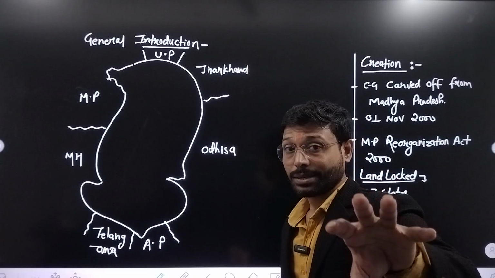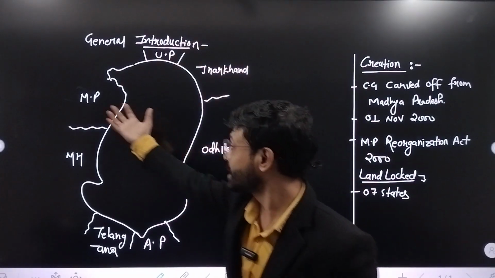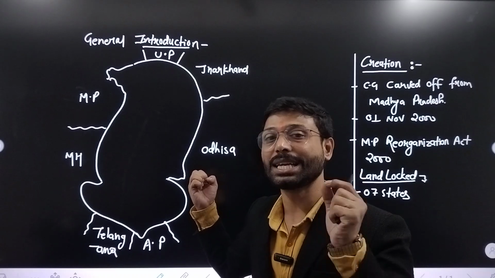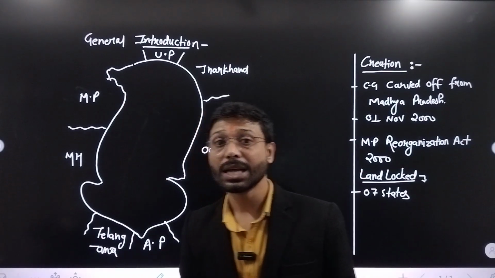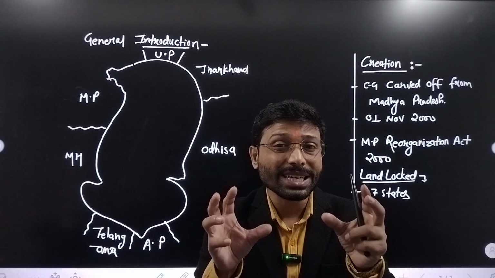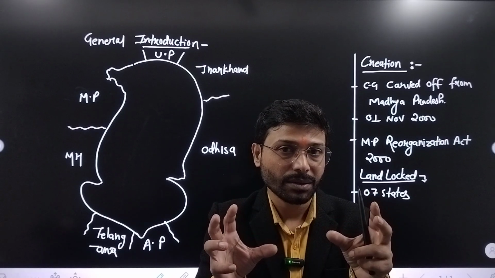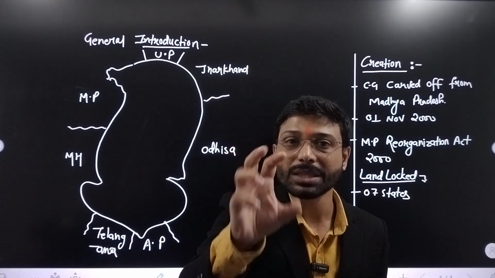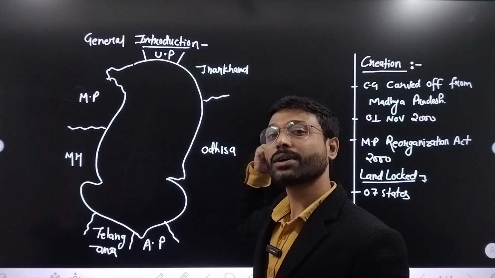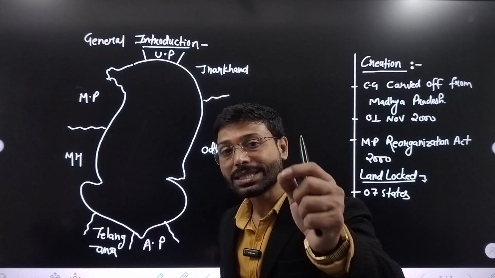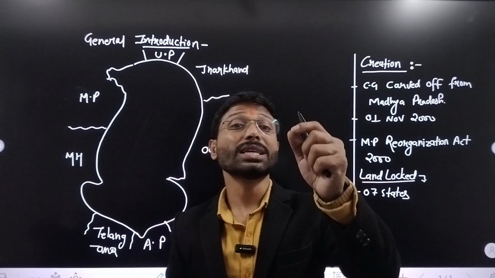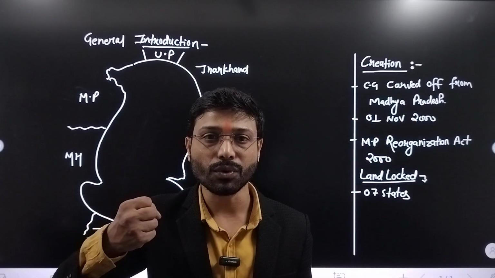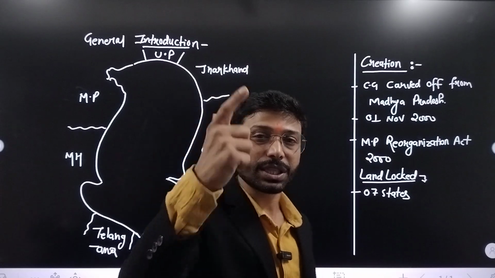Now one more thing. If Chhattisgarh was carved out to form a separate state from Madhya Pradesh, then from which direction, or from which part of Madhya Pradesh, was Chhattisgarh carved out? The answer is the southeast position of Madhya Pradesh was carved out to form a separate Chhattisgarh.